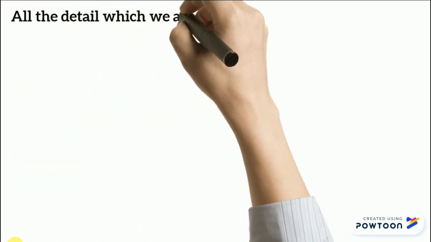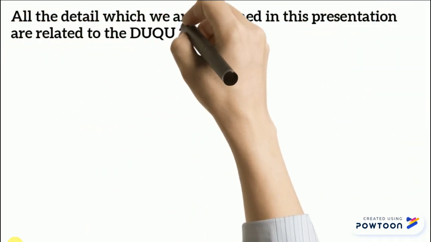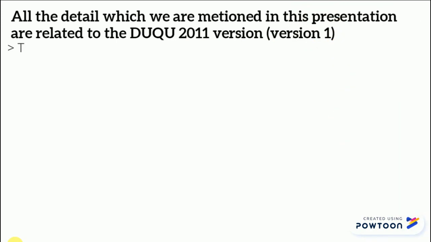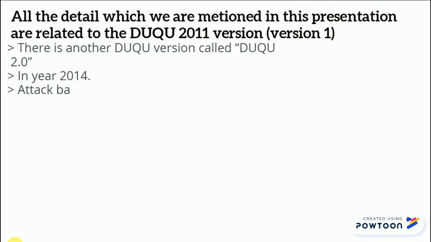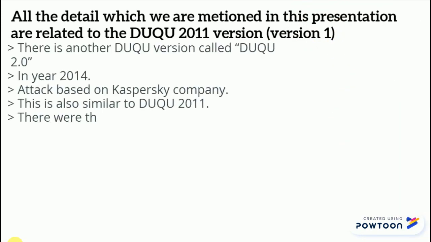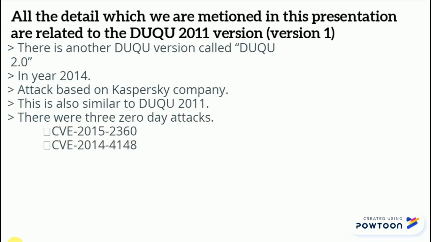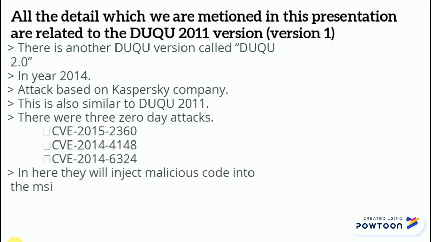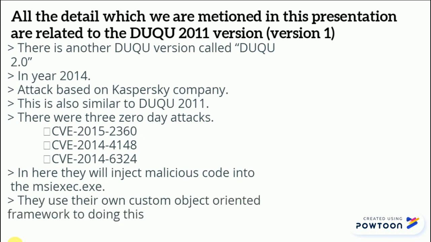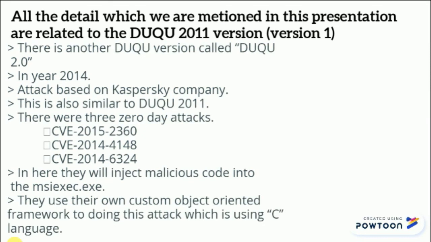All the details mentioned in this video are related to the Duqu 2011 version, version 1. There is another Duqu version called Duqu 2.0. In the year 2014, there was a second attack, reported by Kaspersky. This is also similar to the Duqu 2011 attack.